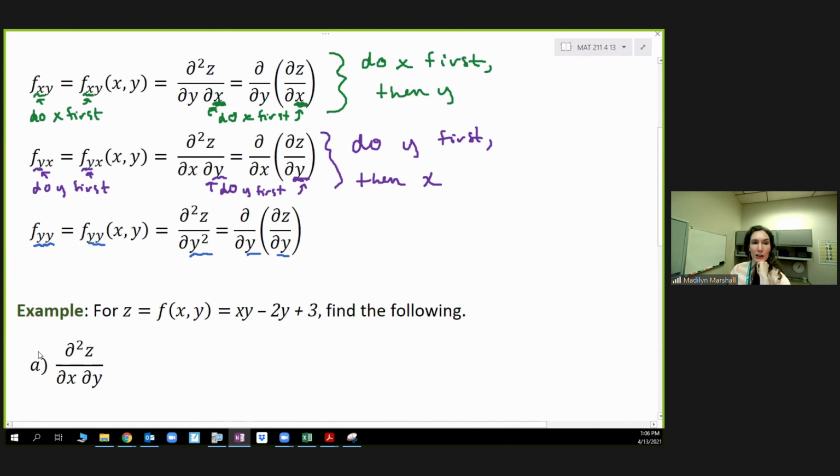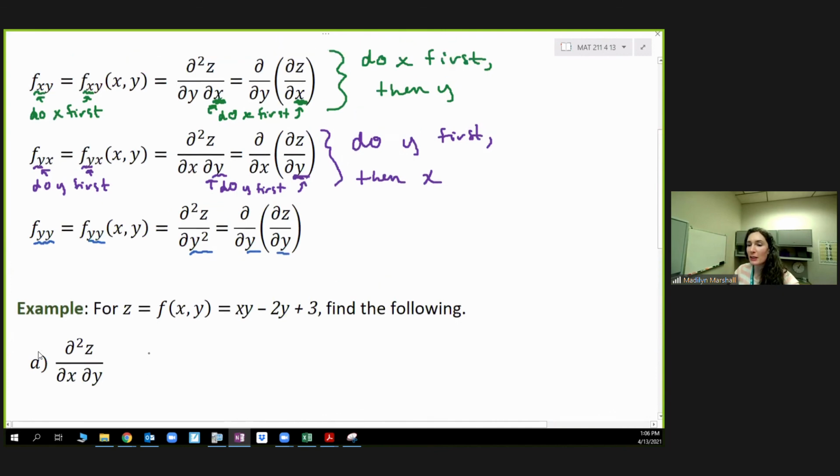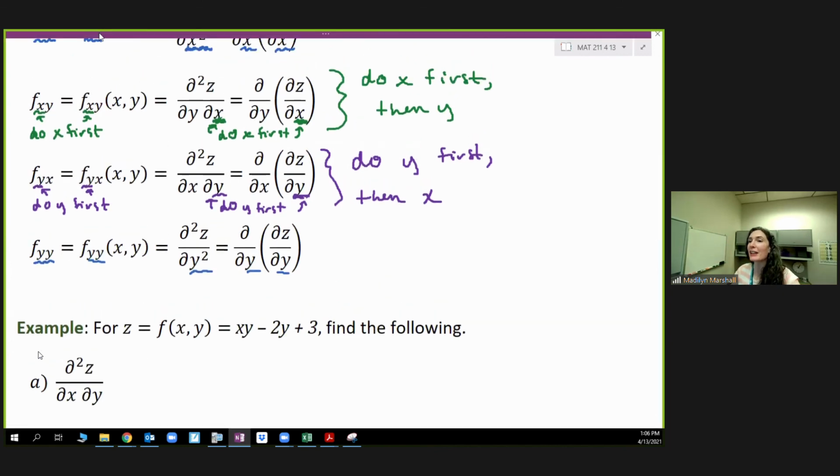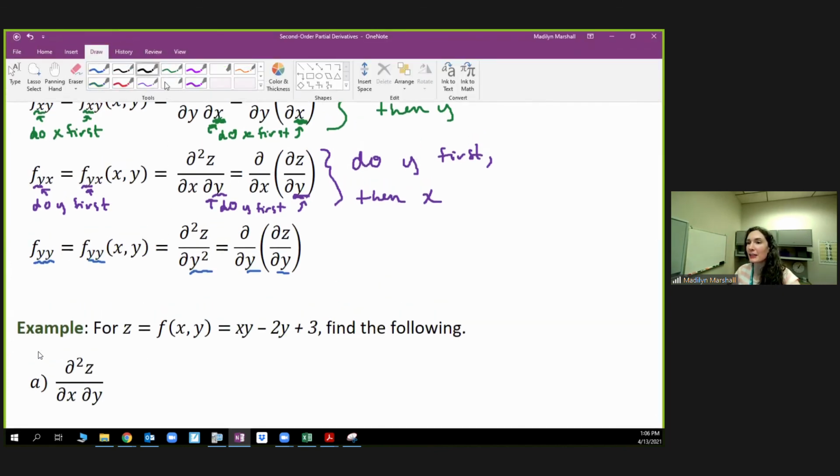So we really need to do these in separate steps, just like when we were doing second derivatives with one variable, we had to find the first derivative first and then do the second derivative. So we're not going to automatically get this right away. So we will start by identifying which variable goes first.